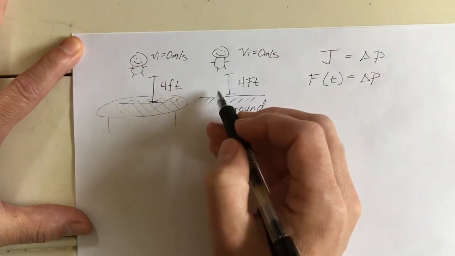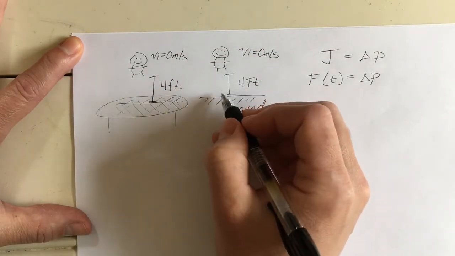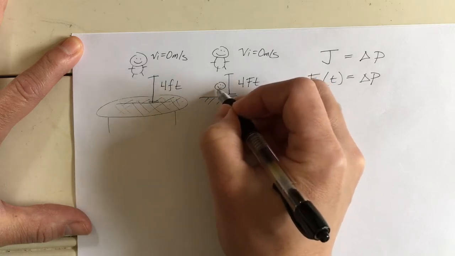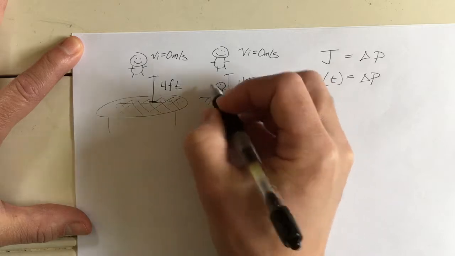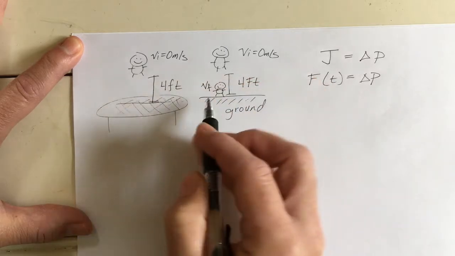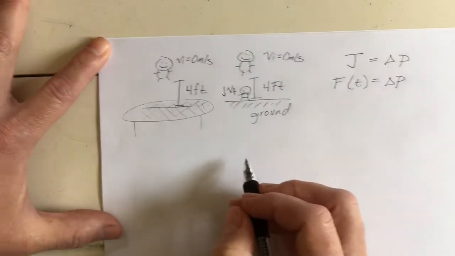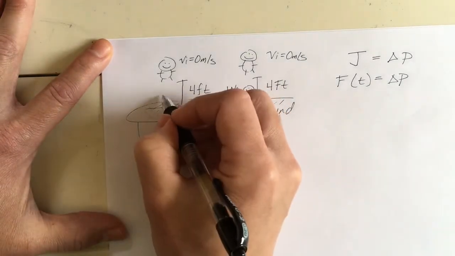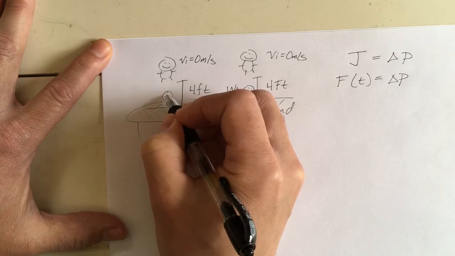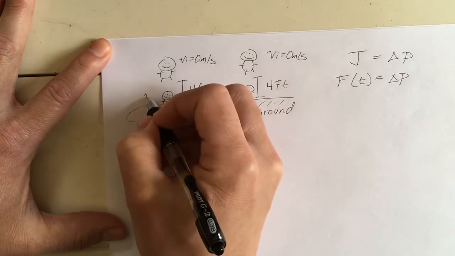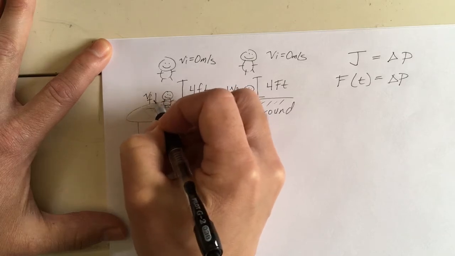But we know after they fall that they're definitely going to have a velocity before they hit the ground, right? And I could make one up here if I wanted, but I'll just say it's VF and it's pointed down. And the same thing is true right here, that the person, when they get to the bottom, they have a VF and it points down.